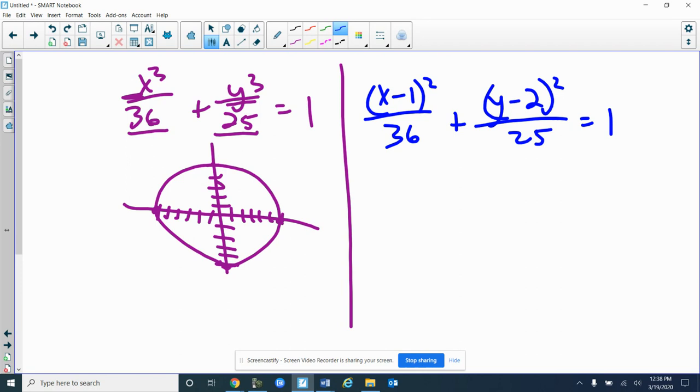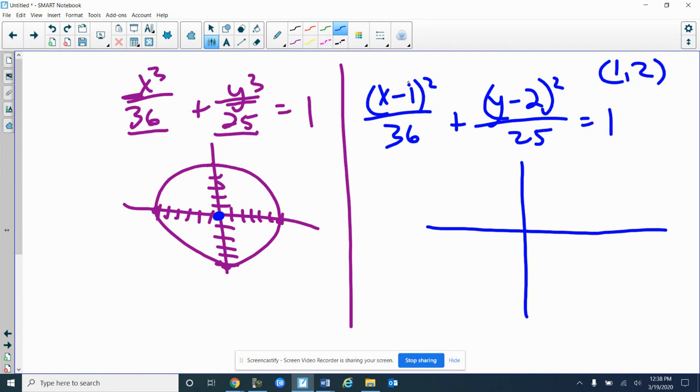So the question is, what the heck do the 1 and the 2 do up there? Well, what that does is the same thing that last week did with the circles. Our starting point, instead of 0, 0, where we went up, down, left, and right from 0, 0, is now going to be the coordinate 1, 2.